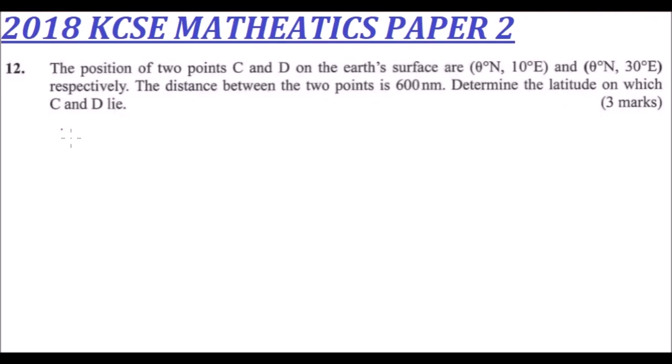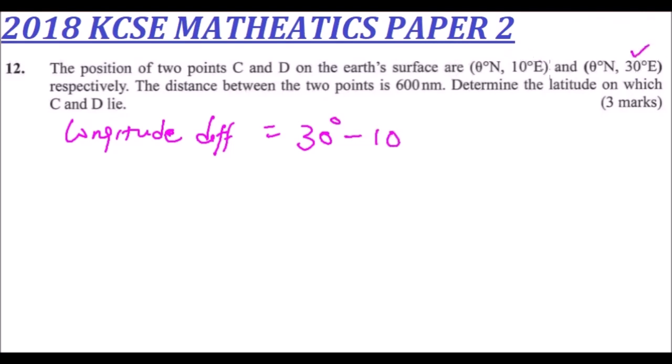So to do this question, we need to find the longitude difference. So we say longitude difference is equal to 30 minus 10, and that should give you 20 degrees.